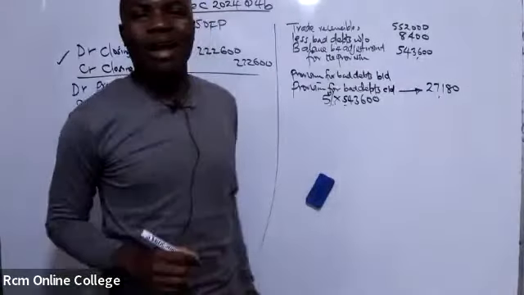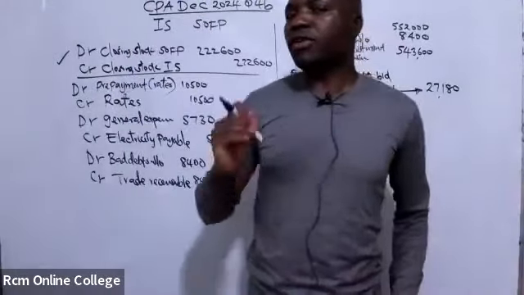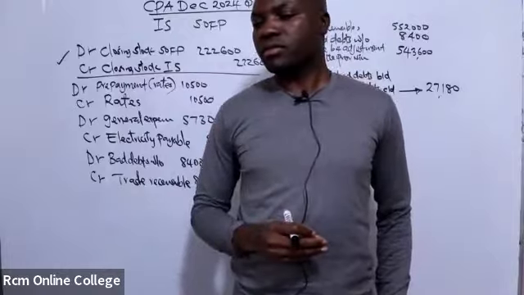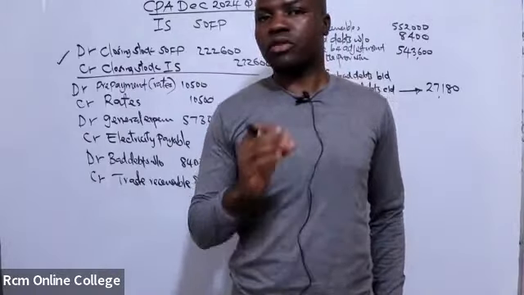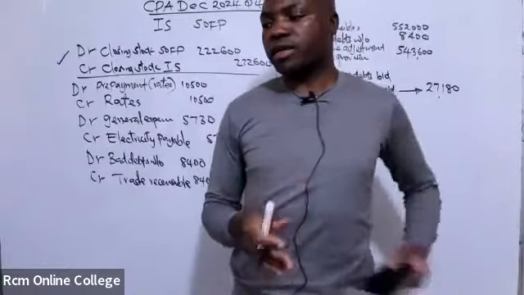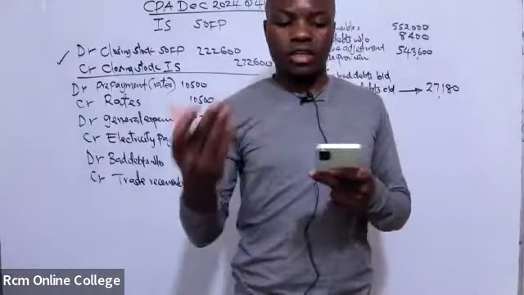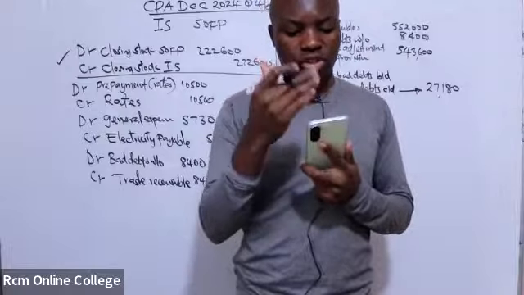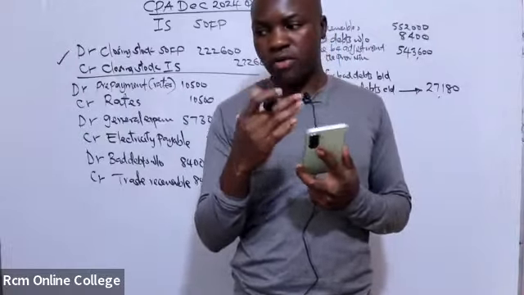Go to the trial balance and check. Do we have opening provision for bad debts or expected credit loss? We don't have.